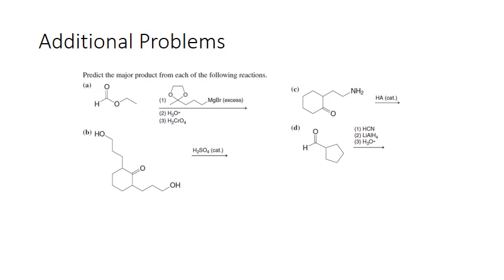Cyanohydrin is reduced by lithium aluminum hydride in the second reaction, followed by hydrolysis, of course, followed by acidification. Second reaction is reduction of the aldehyde with lithium aluminum hydride, followed by acidification to liberate the alcohol.